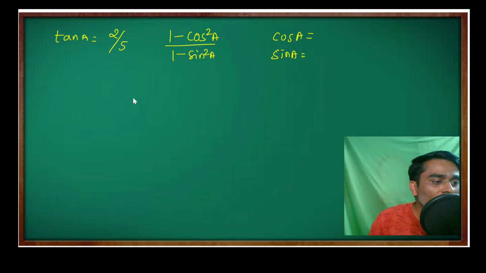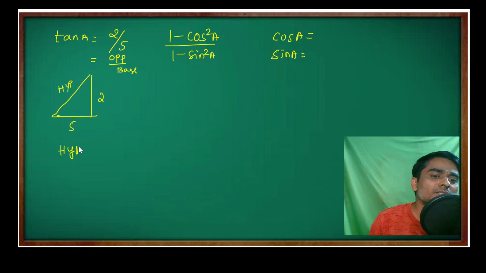So how will you get cos a and sin a? You need to use a right triangle and Pythagoras theorem. What is tan a? Tan a is 2 by 5. Tan a is opposite upon base. So here opposite is 2 and base is 5. What is the hypotenuse? First calculate. We know hypotenuse square is base square plus height square.